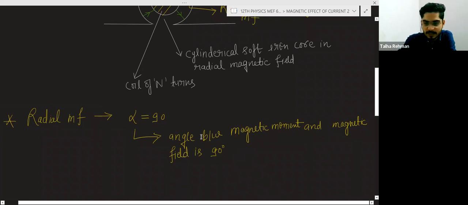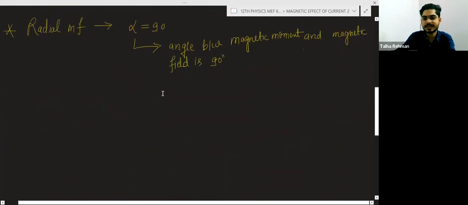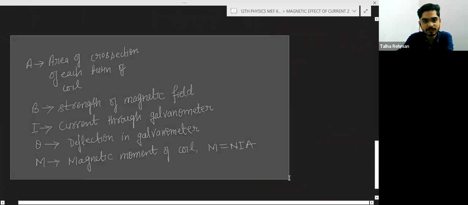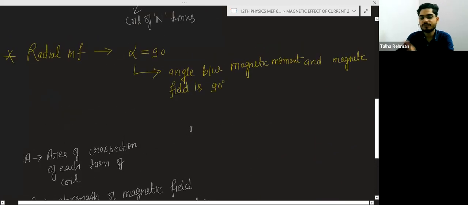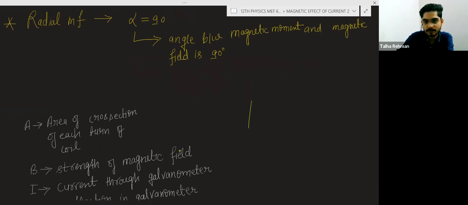This is the first thing. Now we will discuss how this moving coil galvanometer works and the theory part of this. So these are some terms related to this. Basically we have a coil like this, and I is the current in the coil, and there is a magnetic field also due to the magnets.